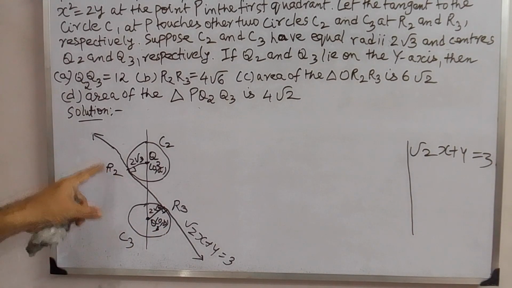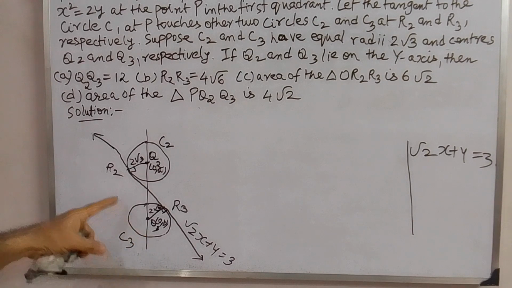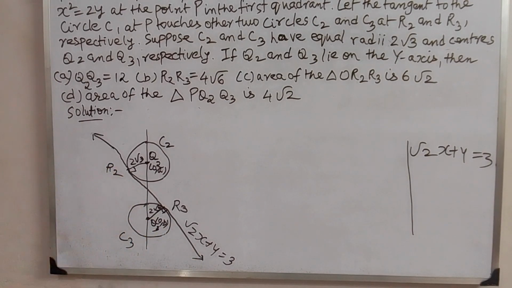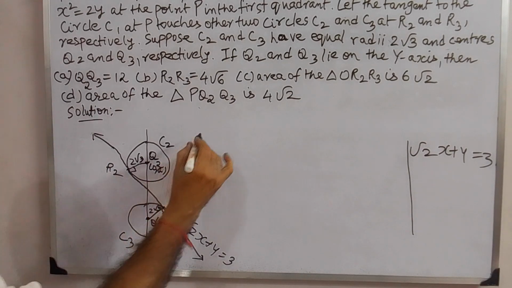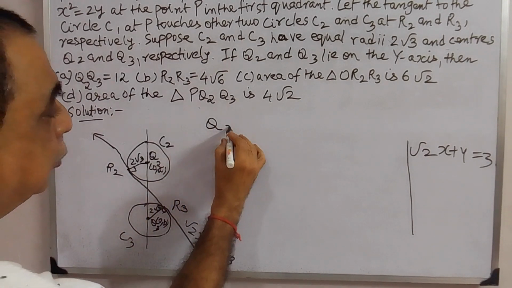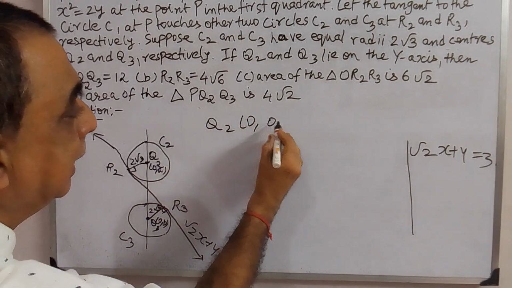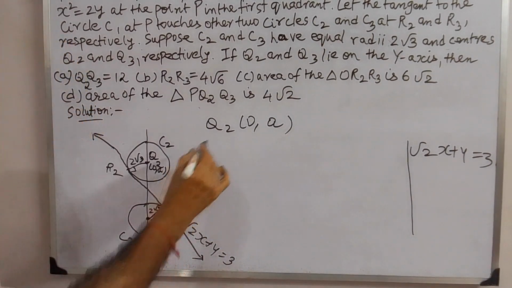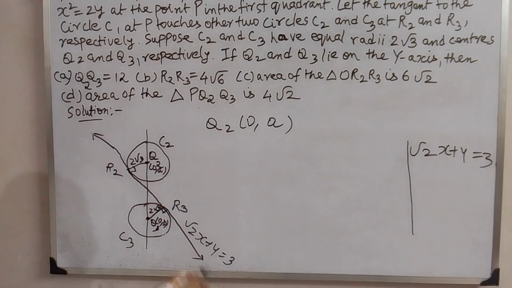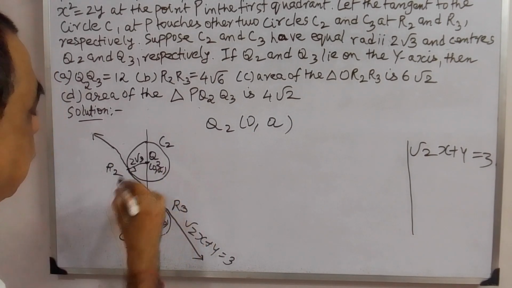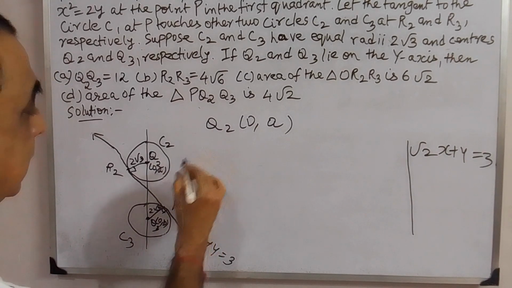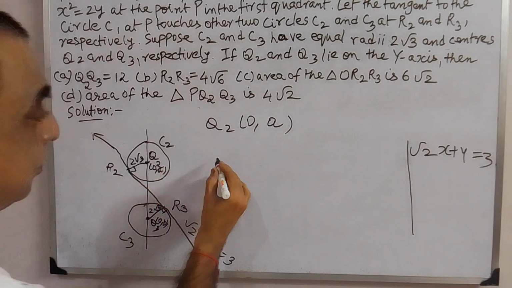Now see, this is the equation of the tangent. From the point Q2, which is 0, A, you draw a perpendicular on this line. So what will be the length of the perpendicular?